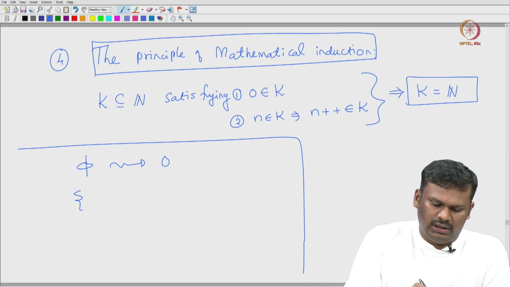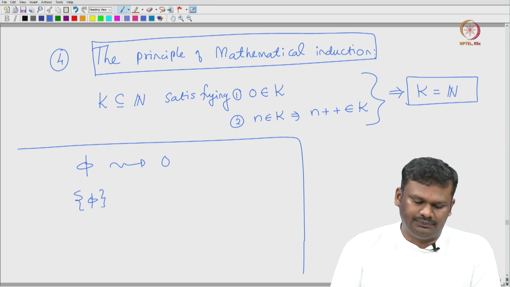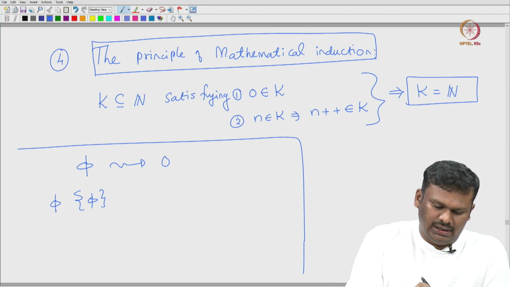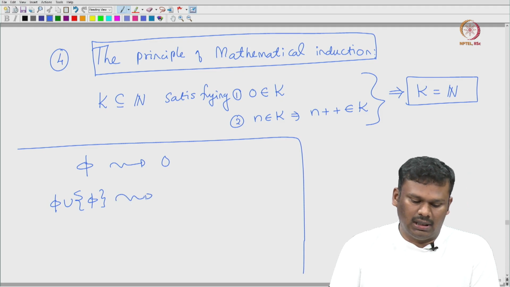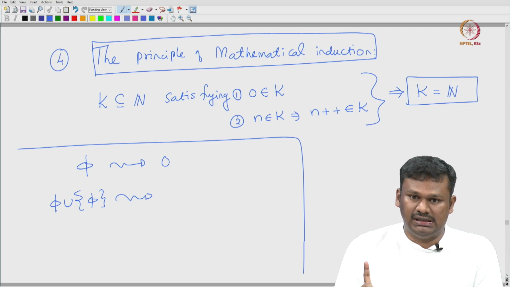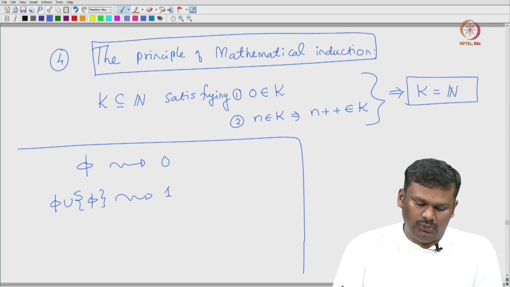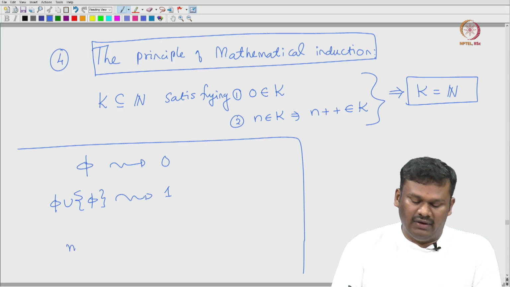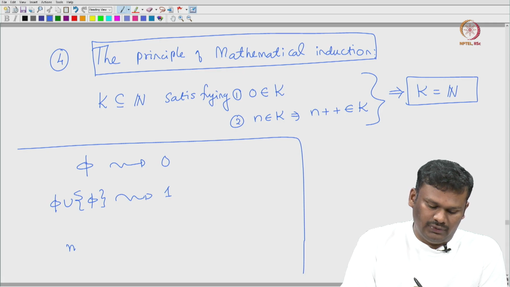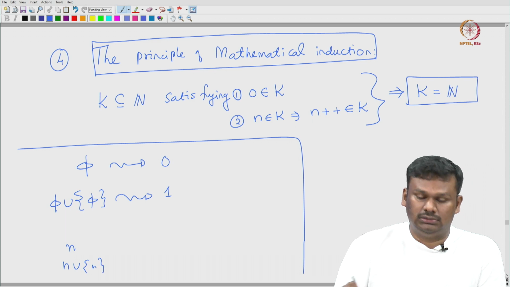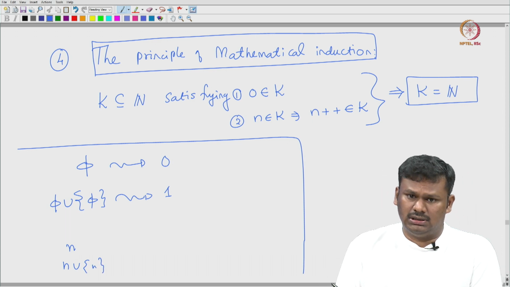Then you can think about the singleton empty set, which is empty union the singleton empty set. If you think about it, the cardinality of this is going to be exactly 1, because there is only the singleton empty. So this is like empty, 1. Now suppose you have constructed n. From n, you want to go to n union the singleton n.